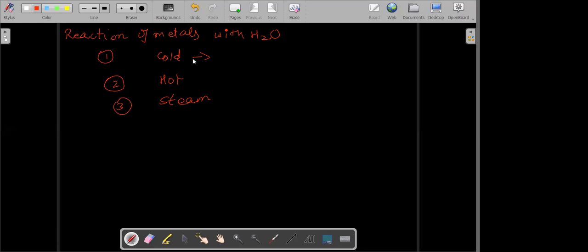Potassium and sodium. Okay. Then which metals react with hot water? Magnesium and calcium. Is there any other?